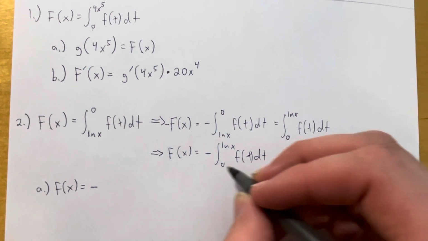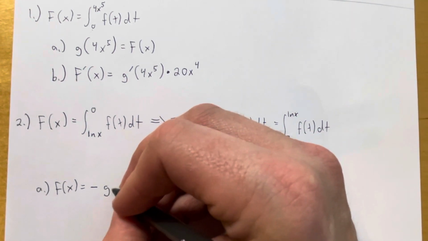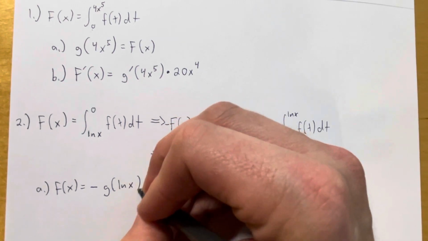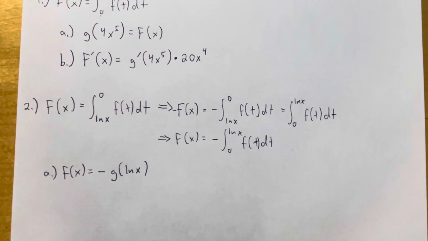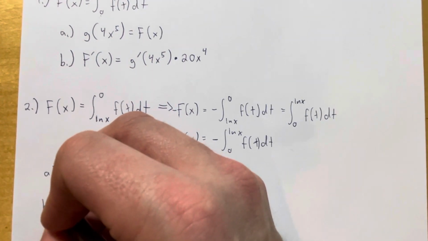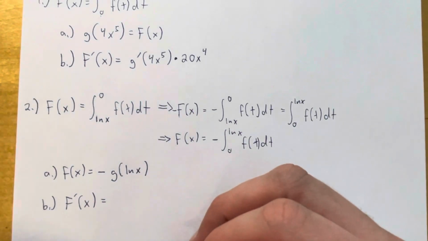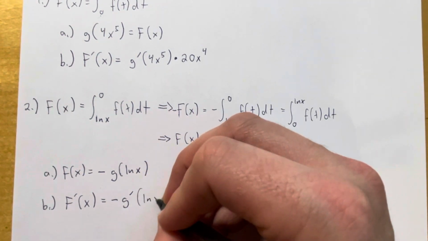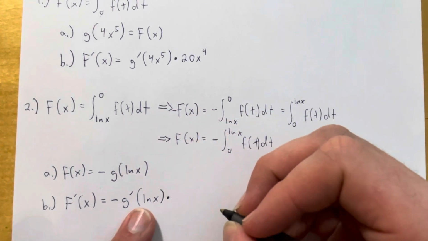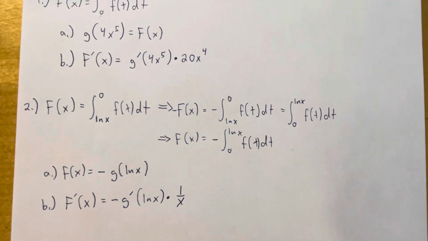But then we also have what looks like g of x if I plugged a natural log of x in for it. That's how I would define this one, negative g of the natural log of x. Part B, I take the derivative of that with respect to x. And once again, using the chain rule, we just get negative g prime of the natural log of x times the derivative of the natural log, which is just 1 over x, like that. Okay?